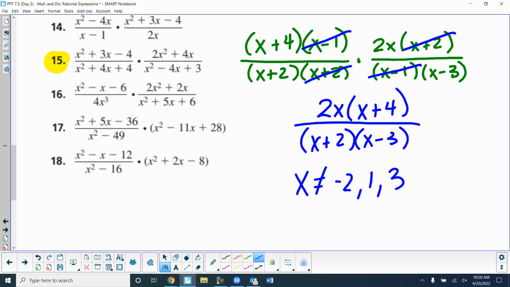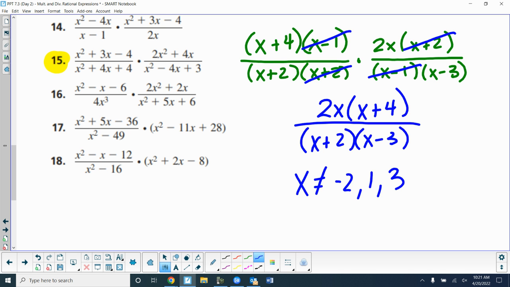X cannot be 0 or 1. 16, x minus 3 times x plus 1 all over 2x squared times x plus 3. X cannot equal -2. Again, I would say x cannot be 0 or -3 also. Number 18 is x plus 3 times x minus 2. X cannot be positive 2 or -4. Any of those you want me to go over?